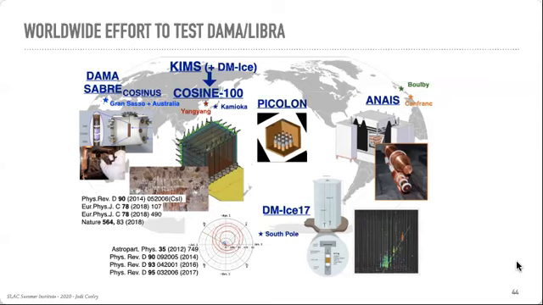So you still have DAMA/LIBRA, but also in Gran Sasso, and the KIMS plus the DM-Ice collaboration have joined together to produce the COSINE-100 experiment in Yangyang. Actually, PICO-LON is in Kamioka, and the DM-Ice experiment is in Antarctica.